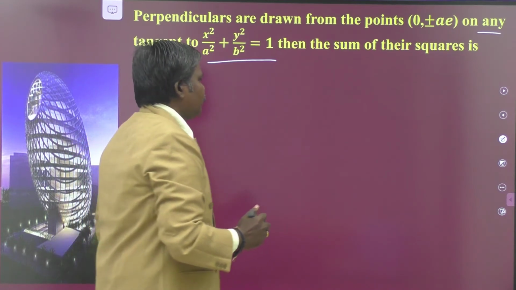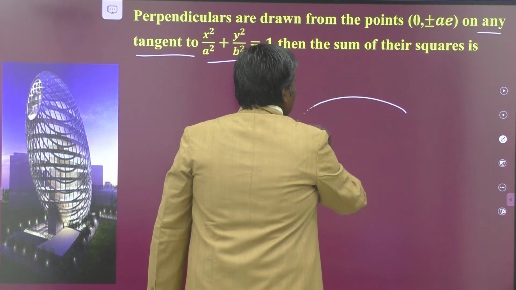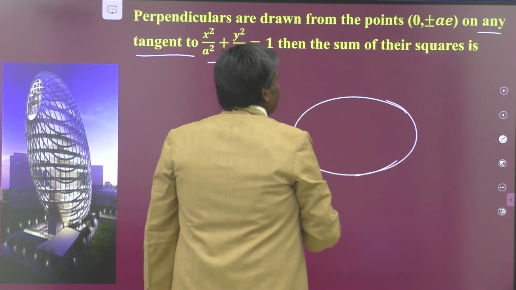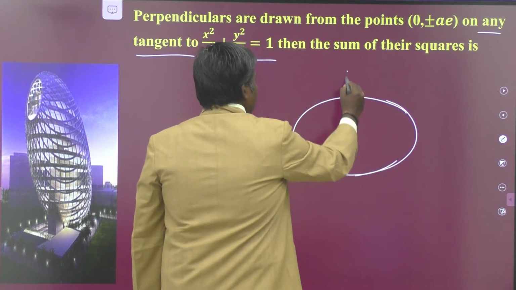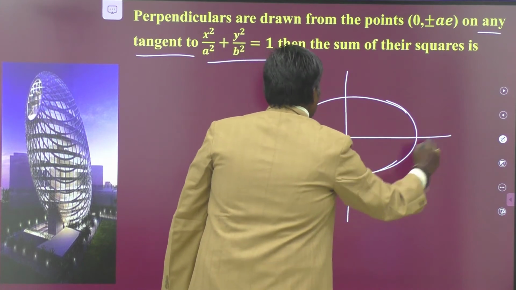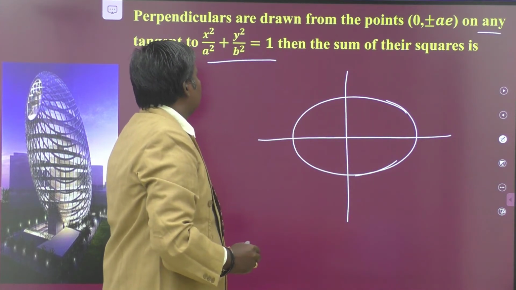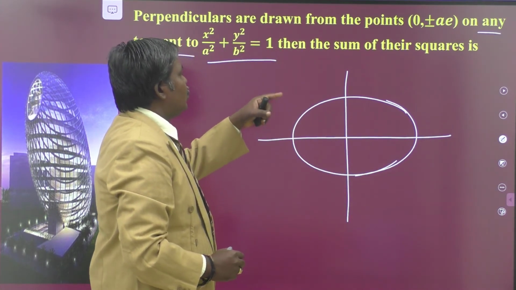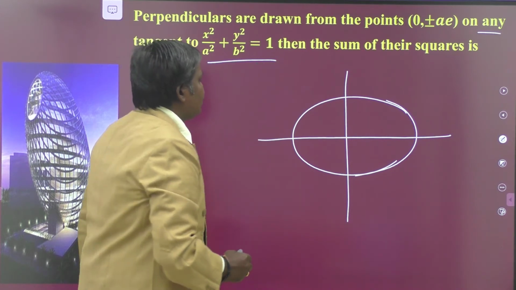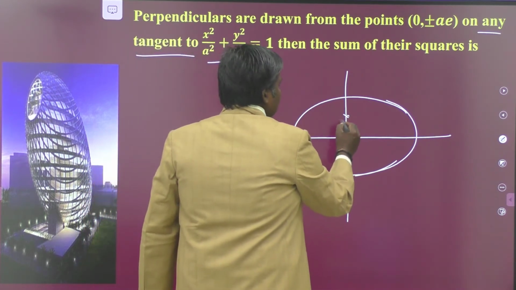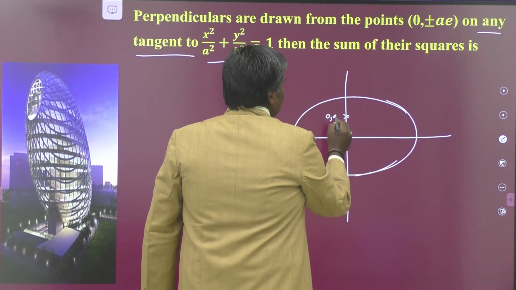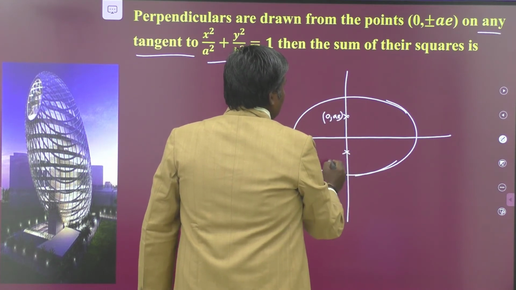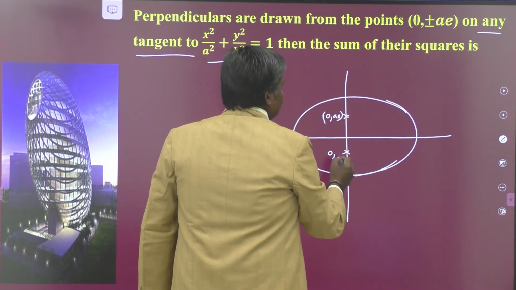That is your question. So consider the ellipse x²/a² + y²/b² = 1. This is your ellipse, which is in the standard form. (0, be), (0, ae), (0, -ae) are points on the y-axis. This is (0, ae), and this is your another point (0, -ae).